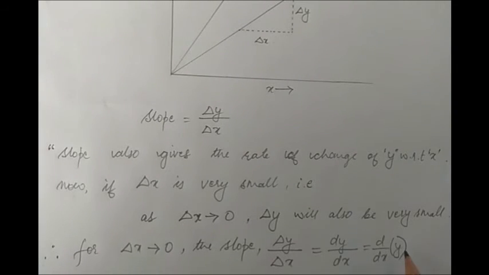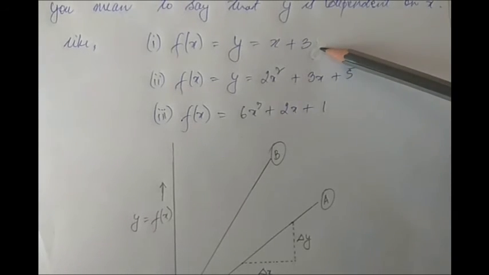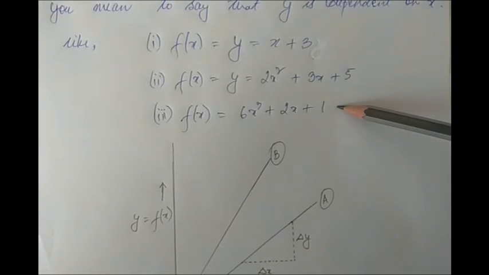Derivative is basically written in this form and it is read as d/dx of y. So d/dx is like the operator here, which is operating on the function y. You can see here y is some function of x. Like y is a straight line here, y is a parabola here, y is some complex curve here.